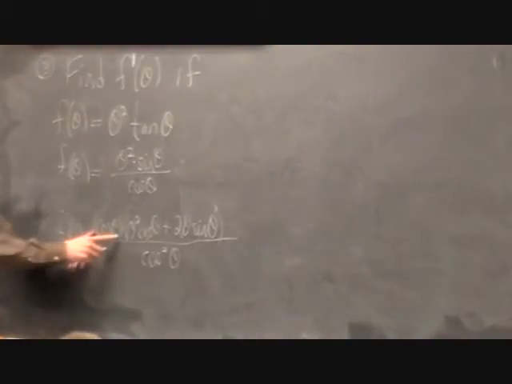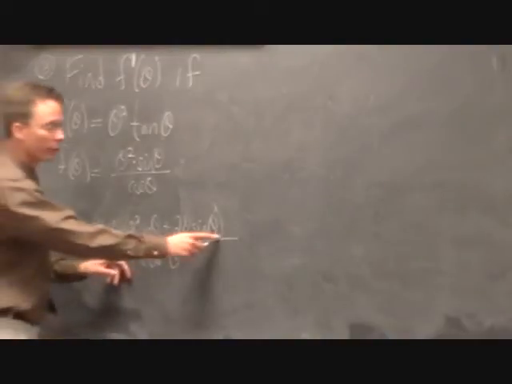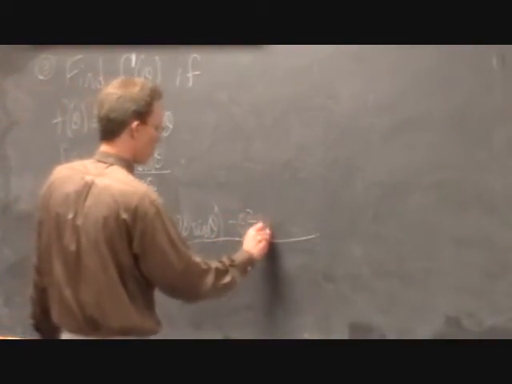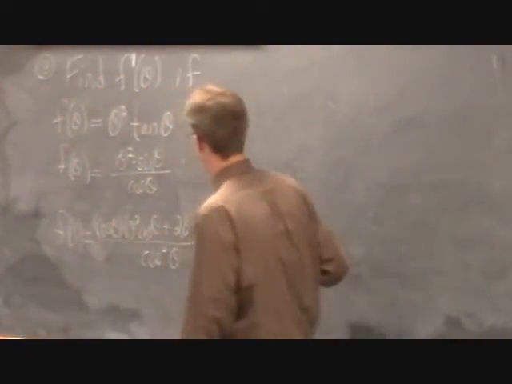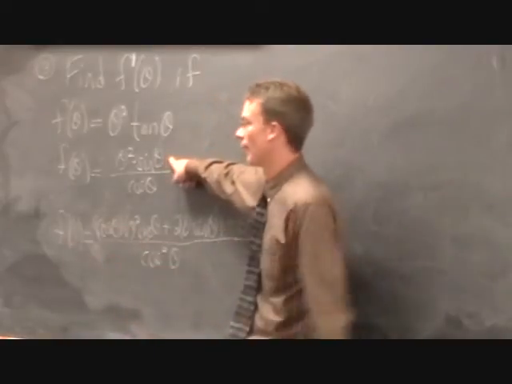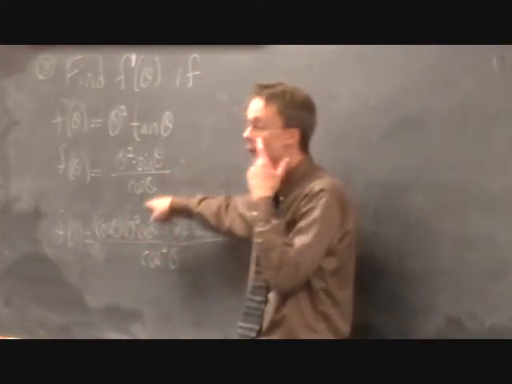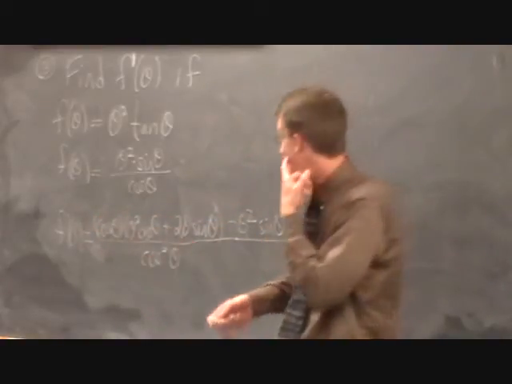All I've done so far is bring the bottom up to the top, times the derivative of the top. Now I'm going to take the top as is, times the derivative of the bottom, and that's a negative sine theta.